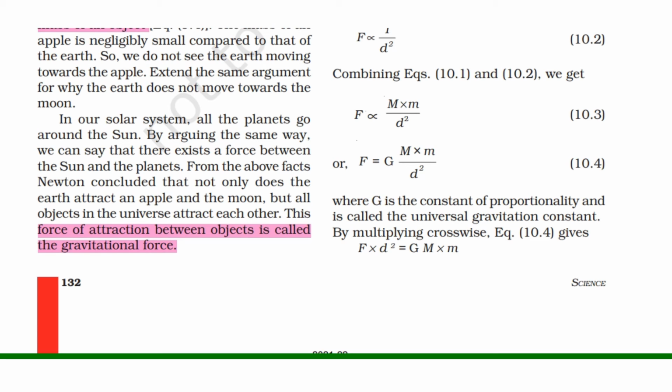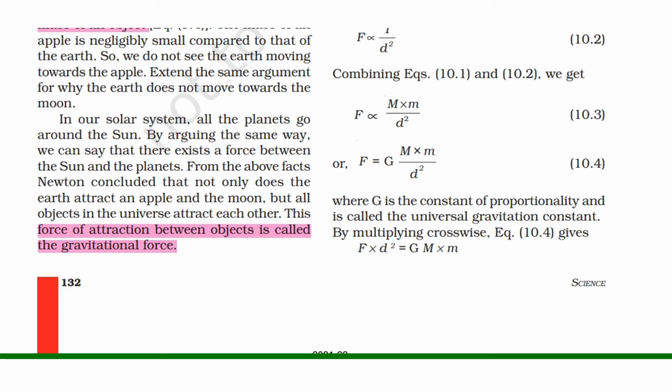Combining both the equations, we get F is proportional to m1 m2 by d square, or F is equal to G m1 m2 by d square, where G is the constant of proportionality and is called the universal gravitation constant.